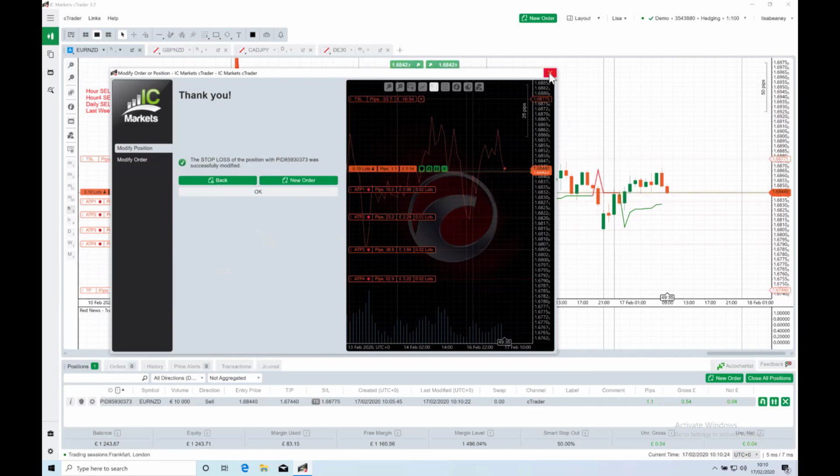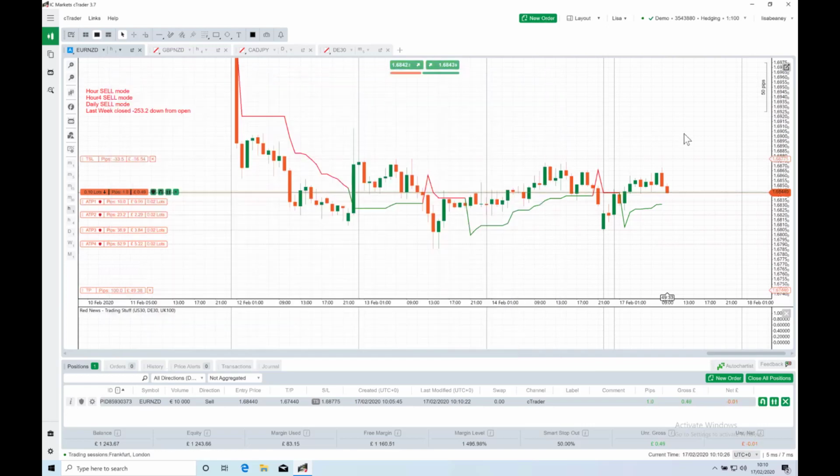Now when that moves to break even, that will trail from that point. So I set my move to break even at 25 pips. So when I'm 25 pips in profit, it will move my stop loss to break even, and then it will trail that 25 pips behind the current price.